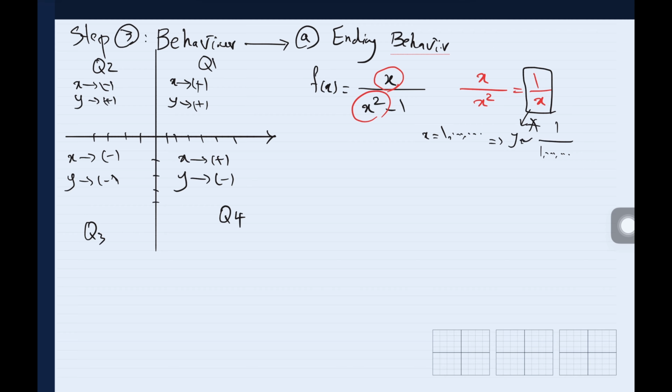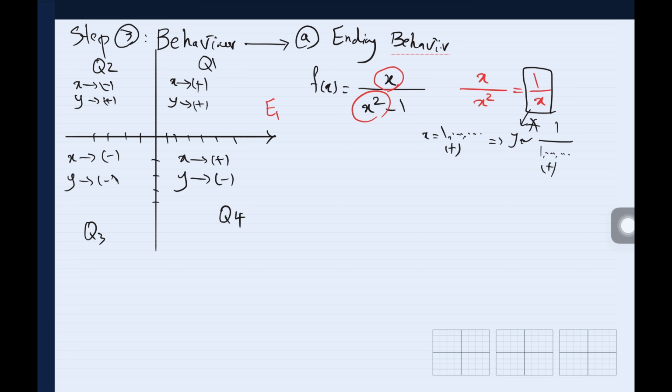So then I have x positive, y is still positive, so it means one of the endings of my function is going to be in Q1, so I call that E1 as ending 1.